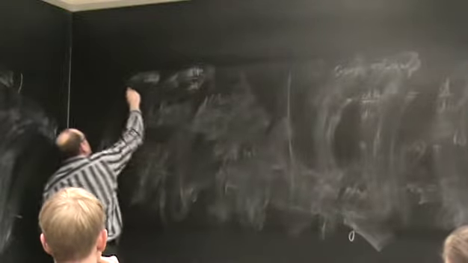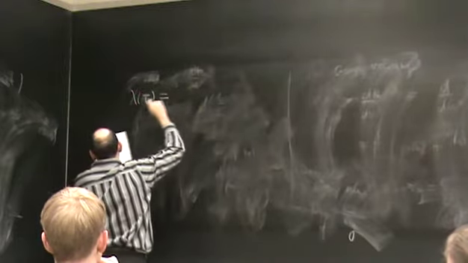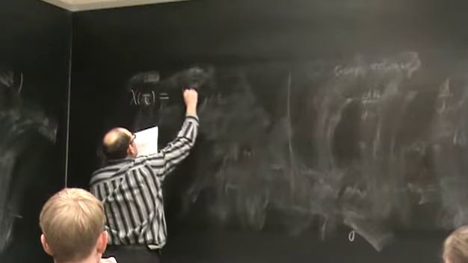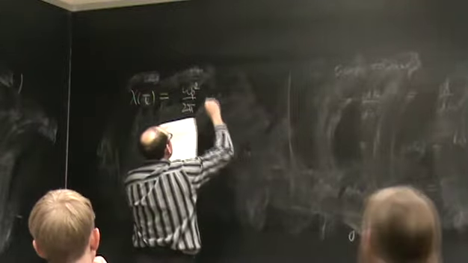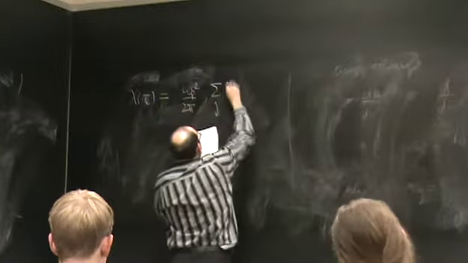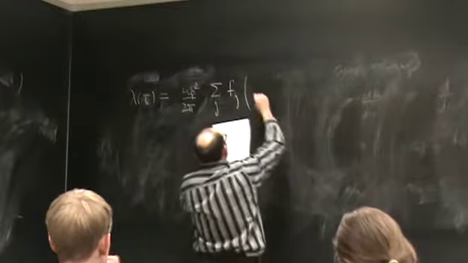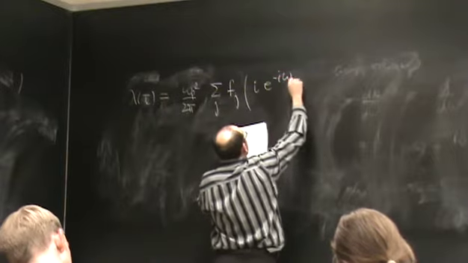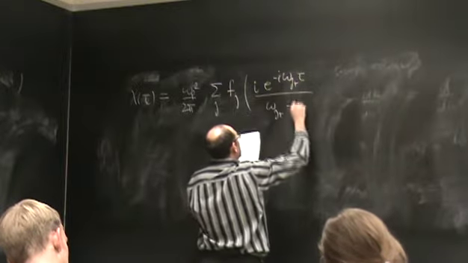The response function, which is the susceptibility as a function of tau, is thus equal to, we have i times the residues, so that gives us a sum over j of F_j times i e to the minus i omega_j plus tau over omega_j plus.